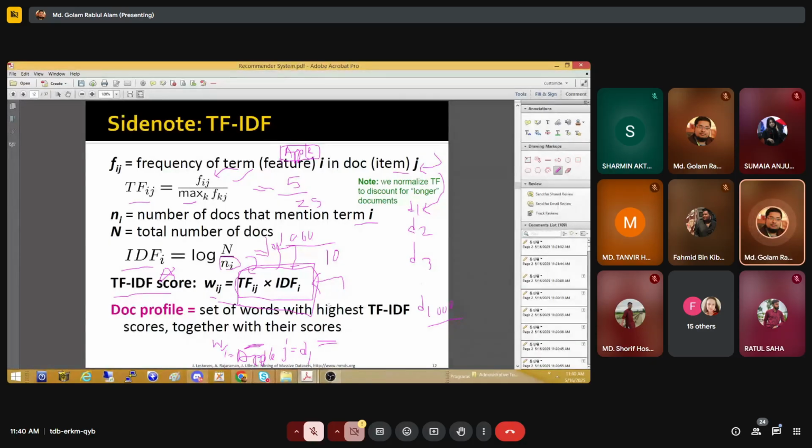There are some other ways to find the feature values for the documents, for the comments, so we can apply any of those.